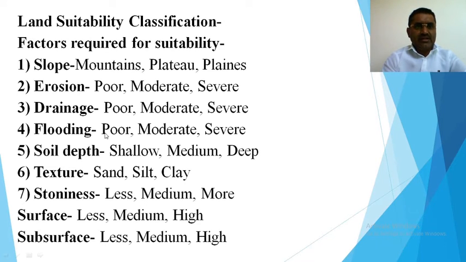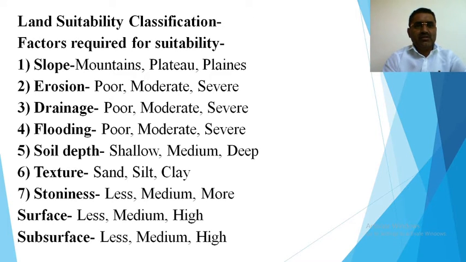Next one is drainage. Again, these 3 points are important here: poor, moderate, and severe. If poor drainage is there, it means the soil is holding the water, and that wetness is useful for the crop, so there is a possibility of doing agriculture.